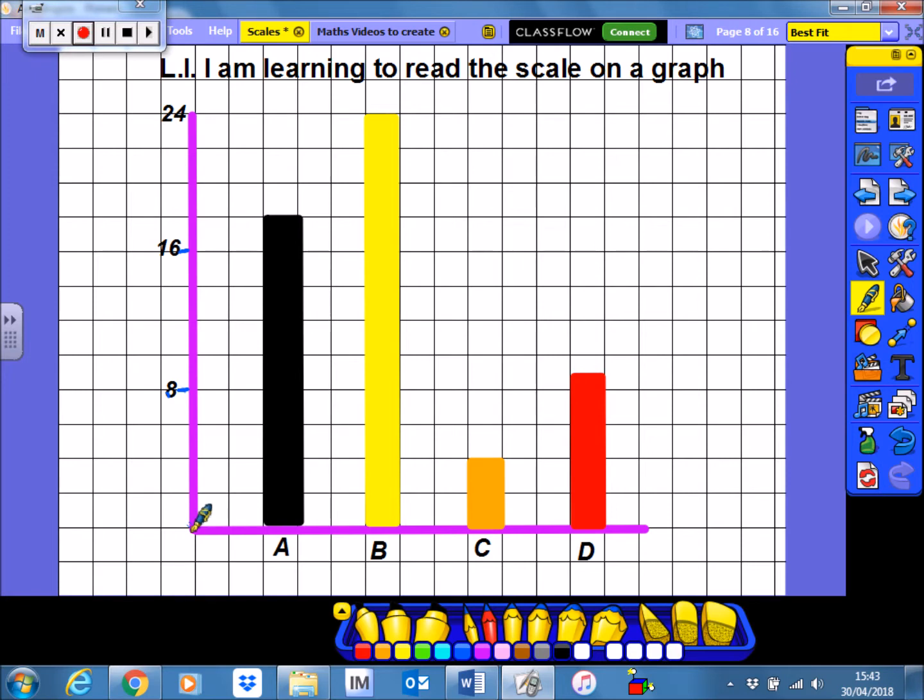So I know that the jump from here to here is a jump of 8. However, there are 4 smaller jumps on the way there. 1, 2, 3, 4. So, using our skills from the last video, we should know that each of these minor jumps will be 8 divided by 4.